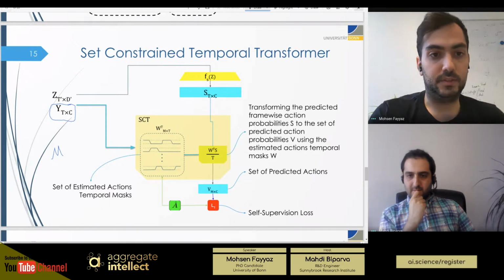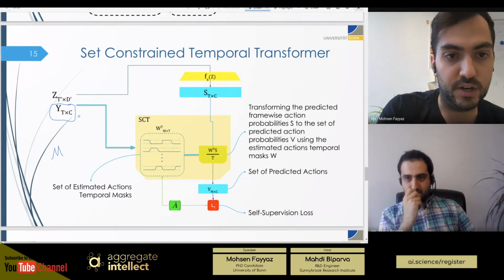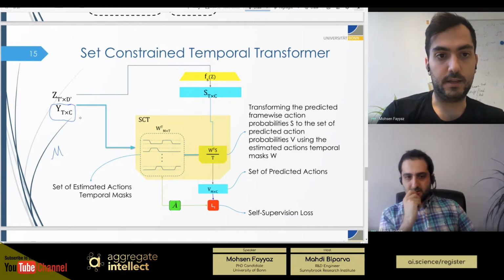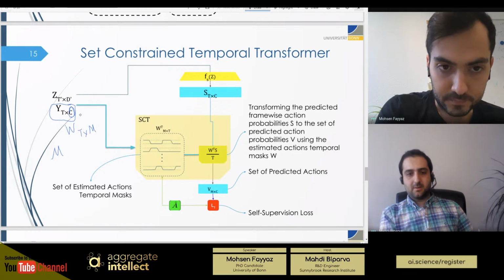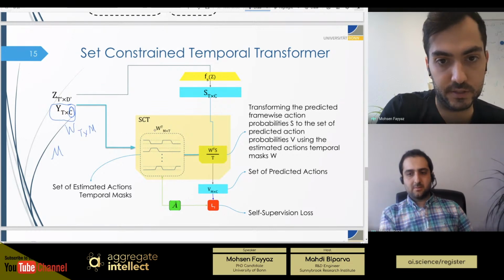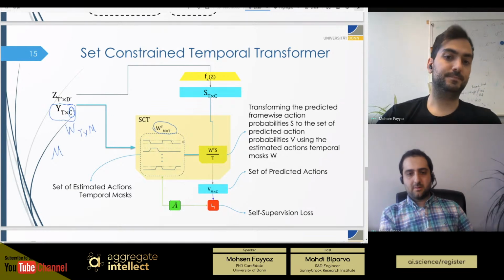What we do here is that we have this Y, T by C tensor, and we select this action from here, from the C dimension in the tensor, and we will get a tensor which would be T by M. And if we transpose it, we'll get this tensor, which looks like this.